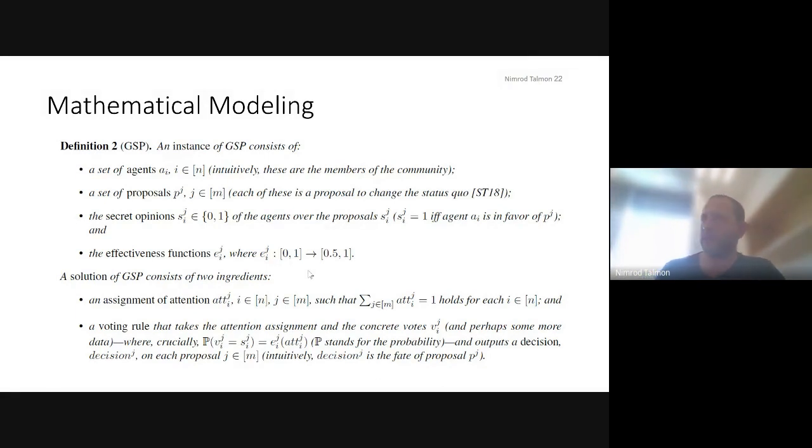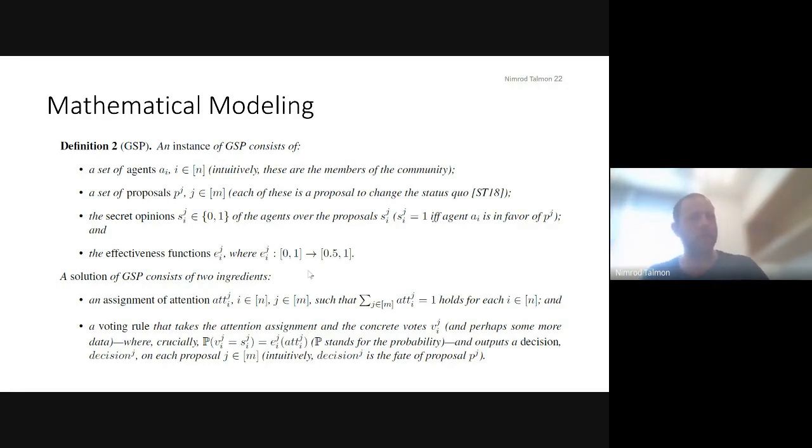For each voter and each proposal, let's say that these are just binary proposals. Still, for a voter to make up her mind about whether she likes the proposal, and then votes yes, or whether she doesn't like it, and then votes no, could take some time.